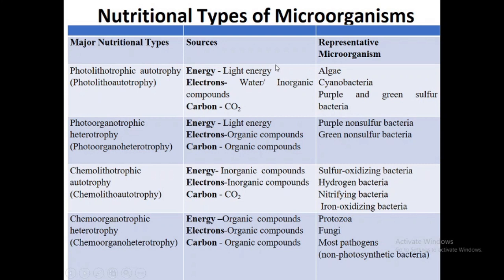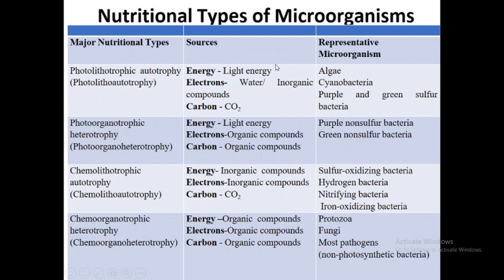Next, photoorganotrophic heterotrophy. These organisms, as the name suggests, have light as the energy source, and organic compounds as the electron source and carbon source. Purple non-sulfur bacteria and green non-sulfur bacteria are the common examples.